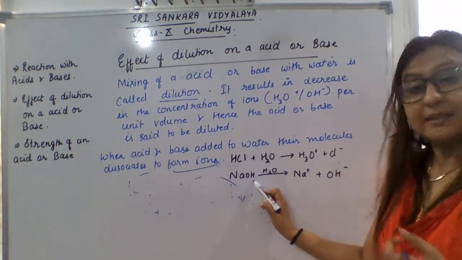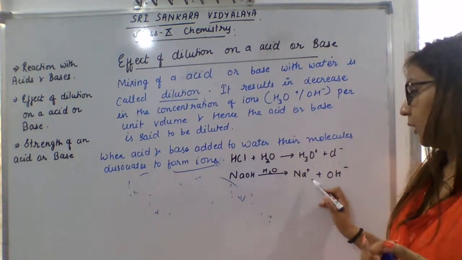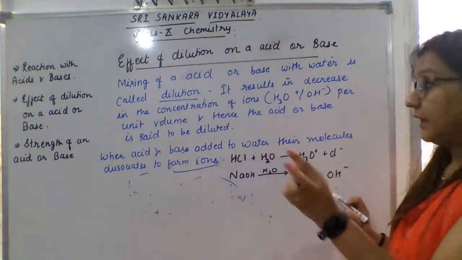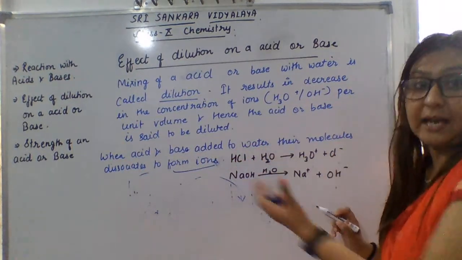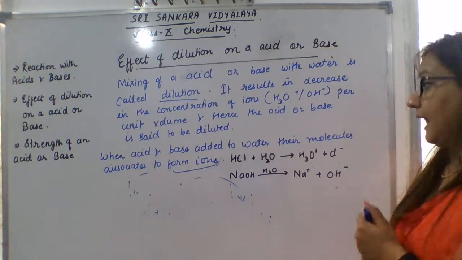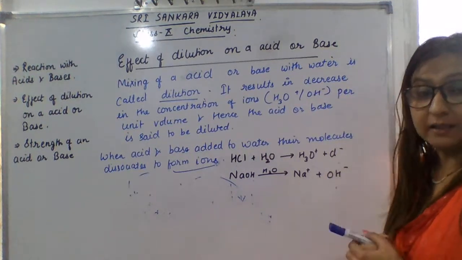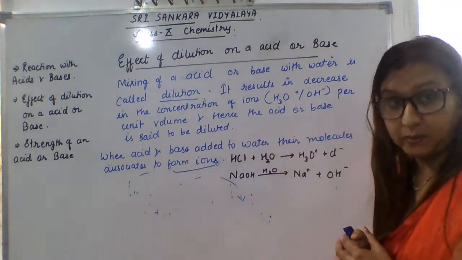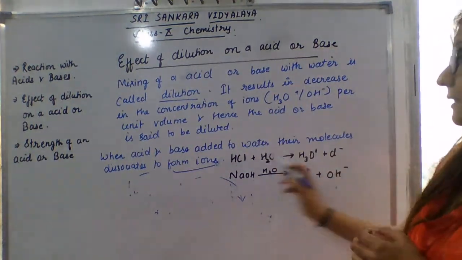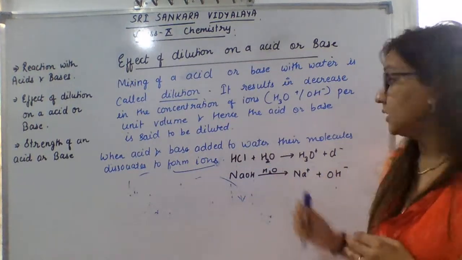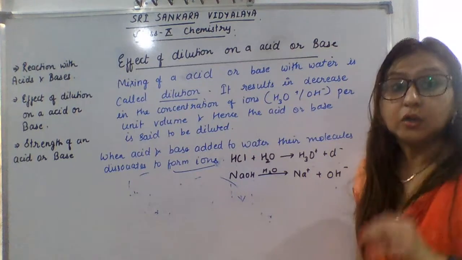NaOH is a base, and when we add water to it, it also forms ions. Hence, whenever we add water to an acid or base, it gets diluted, and the more we dilute it, the lower the concentration of ions. The acid and base dissociate in water to form ions.